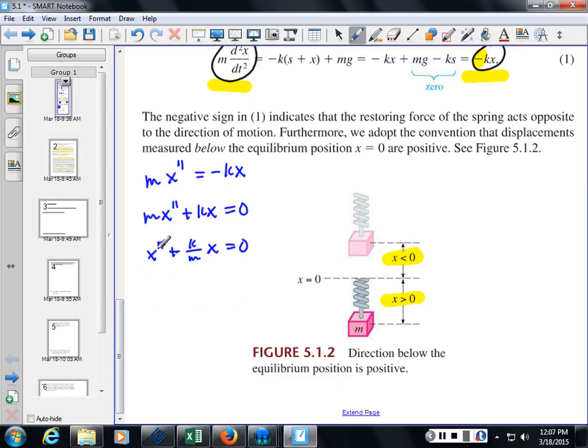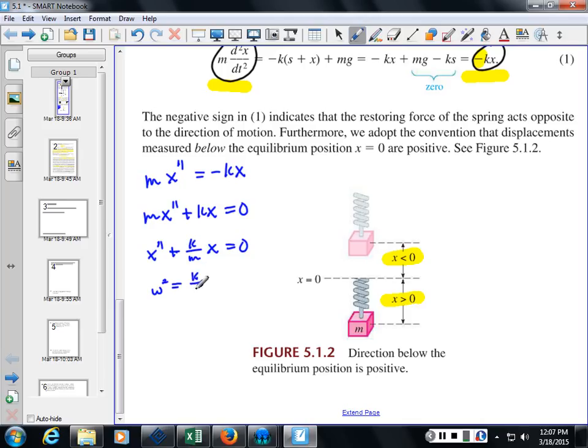This is x double prime. So what we do here is, instead of writing k over m, because back in grade school nobody liked fractions, we give it a very neat term. We call it omega squared. Omega, why? I don't know. I had a joke, but you might not get it.